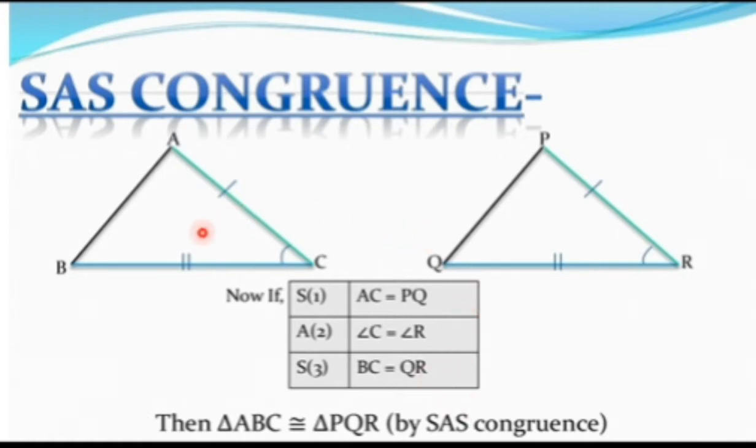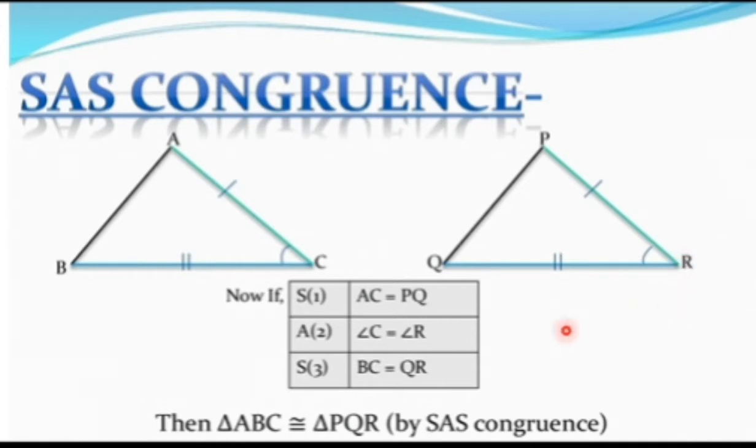You can easily see in these two figures, if one slash is put on AC and PR, it means side AC is equal to PR. Here something wrong is written, just take care. Then BC has a double slash, so BC is equal to QR.